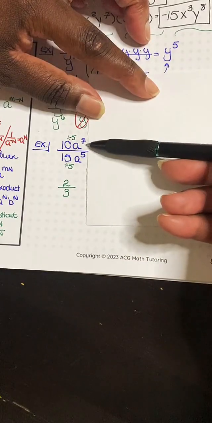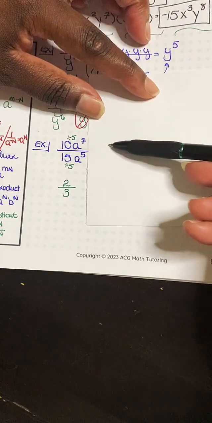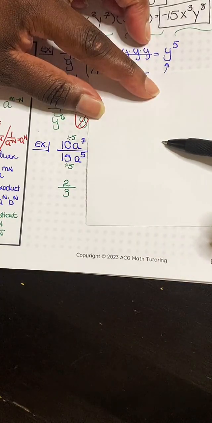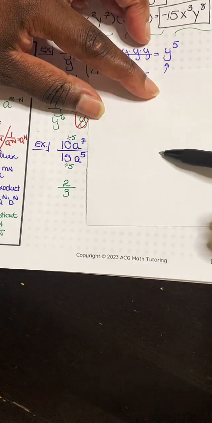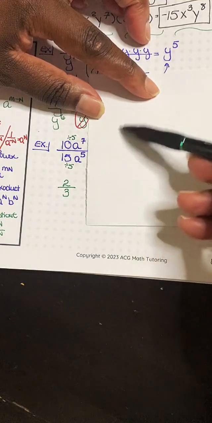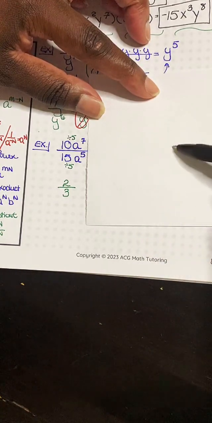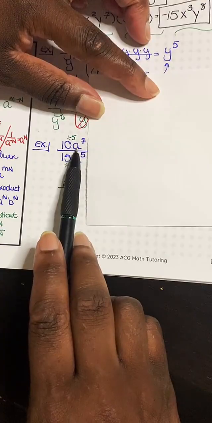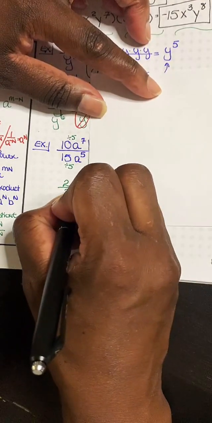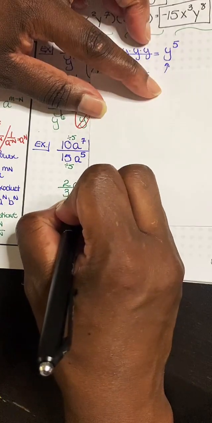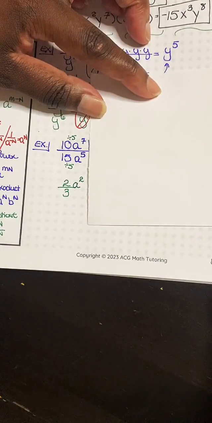It's going to be in the numerator. Because if I did the expansion form of 7 A's in the numerator and 5 A's in the denominator, all the A's in the denominator will cancel out and leave me with 2 A's in the numerator. So that's why in the numerator, we're going to put our a squared. Okay.